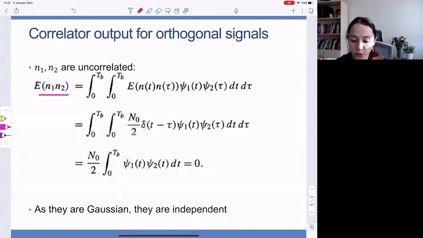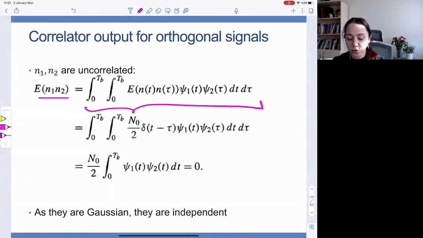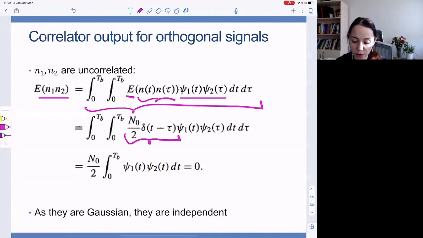I'm sorry, uncorrelated. But you can see it simply from writing the cross correlation. Again, phi1 and phi2 are deterministic, so the expectation is only over n of t and n of tau, and we know that the process is white, so N0 over 2 times the delta function.